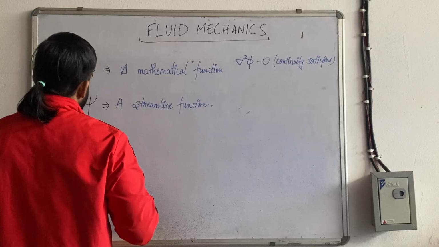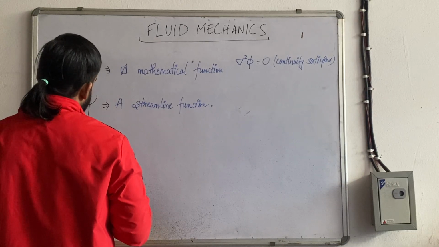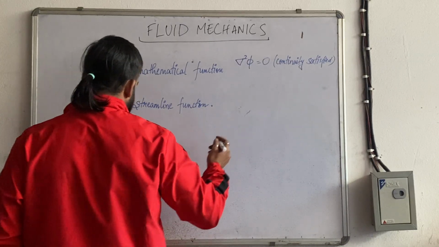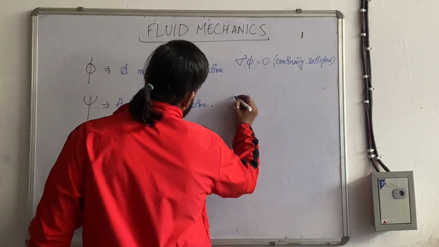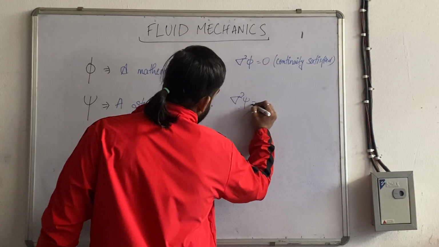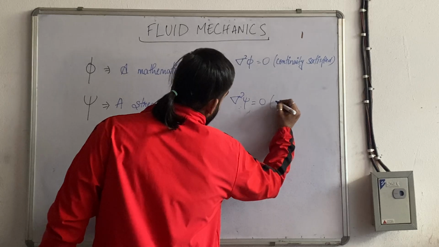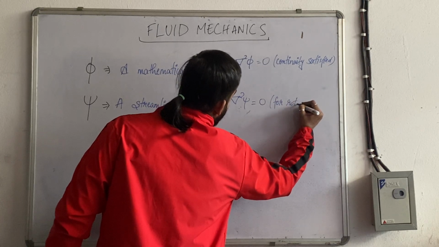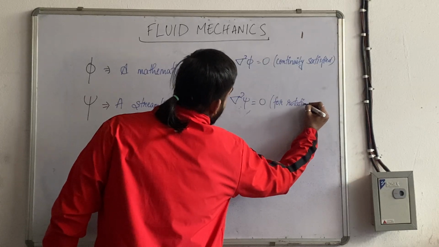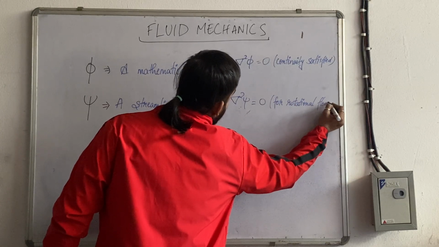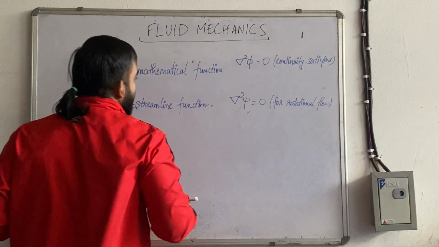Okay. Psi. What about psi? Psi can be written as del square psi is equal to 0 for irrotational flow.